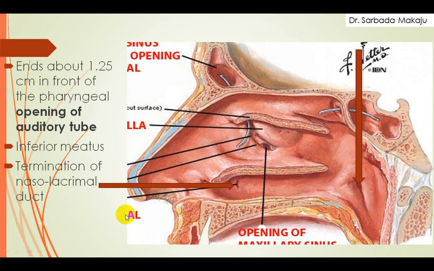The inferior meatus ends about 1.25 centimeters in front of this area, where there is the opening of the auditory tube, also known as the eustachian tube. Within this inferior meatus, there is the opening of the nasolacrimal duct.